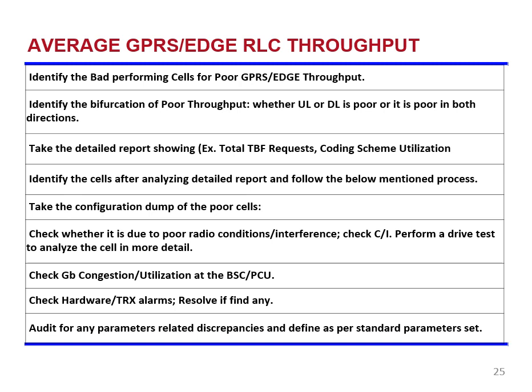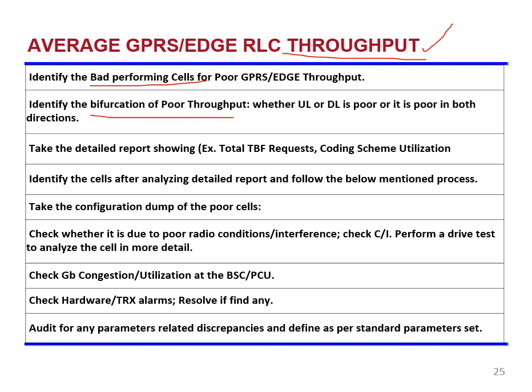And coming to another KPI, the average GPRS EDGE RLC throughput. So here it is talking about the throughput, the speed. Throughput is talking about the speed. Identify the bad performing cells. Identify the bifurcation of the throughput.